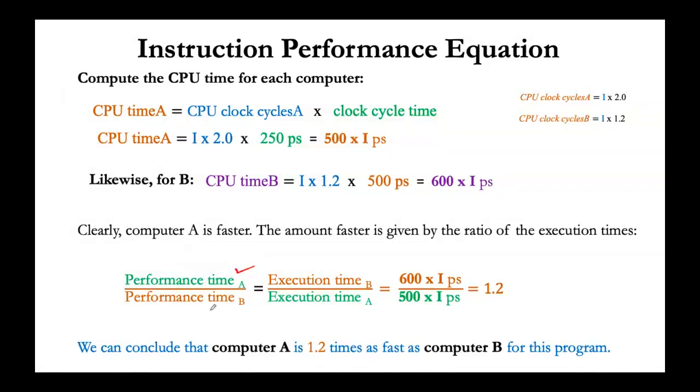To find the relative performance, since we are comparing two, the performance of A divided by the performance of B is equal to the execution time of B divided by the execution time of A. When you do this operation, it gives the relative performance, which means A is 1.2 times faster than B. We can conclude that computer A is 1.2 times as fast as computer B for this program.